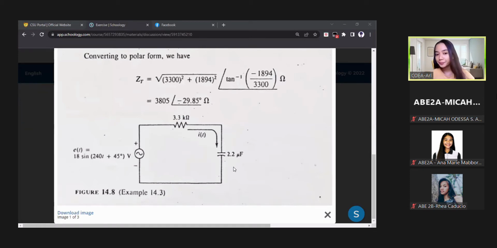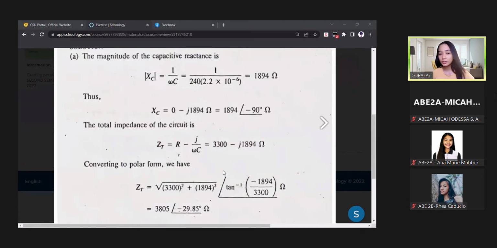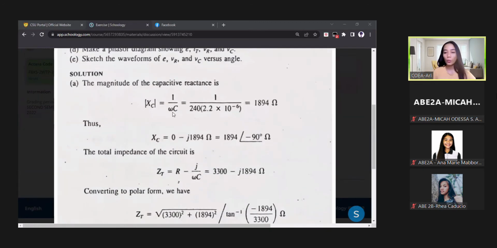Previously, we have X sub L equal to omega L, the angular frequency times the inductance. Capacitance is the inverse of it. Therefore, X sub C is equal to 1 over omega C, or 1 over angular frequency times the capacitance.